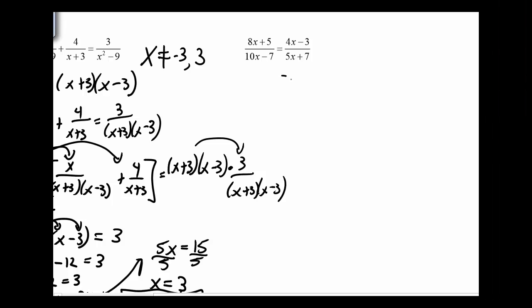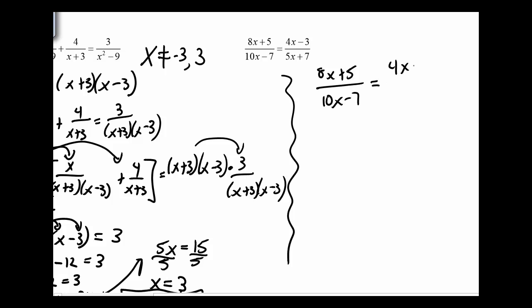So it turns out I took up all of my little fancy room from that previous problem, but that's okay. So let me rewrite this: (8x plus 5) over (10x minus 7) equals (4x minus 3) over (5x plus 7).